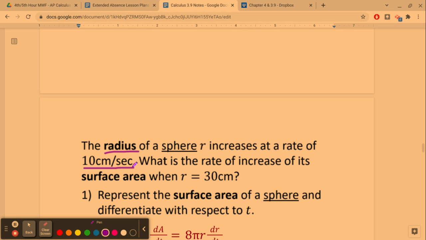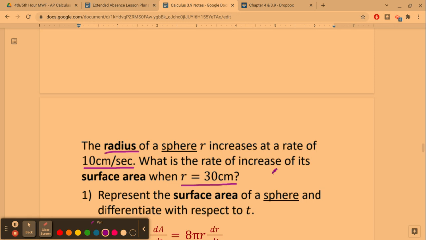And now we have something interesting going on here. The radius increases at a certain rate, but at the moment that we're concerned about, it also has a length of 30 centimeters.